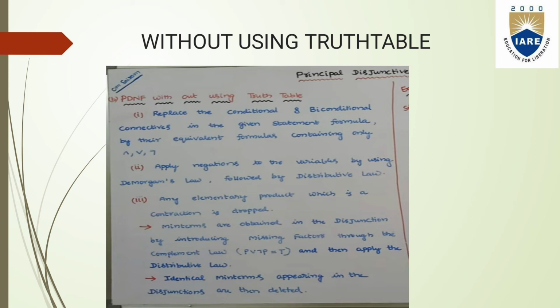Min terms are obtained in the disjunction by introducing missing factors through the complement law and then applying the distributive law. Identical min terms appearing in the disjunctions are to be deleted. So let us look at one example so that you can understand how to find the PDNF value without using a truth table.